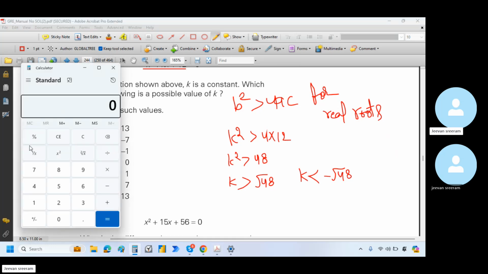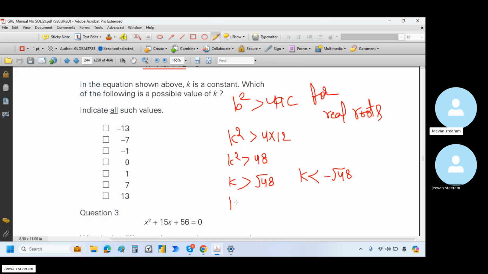Root 48, almost 6.92 approximately. Less than minus 6.92.